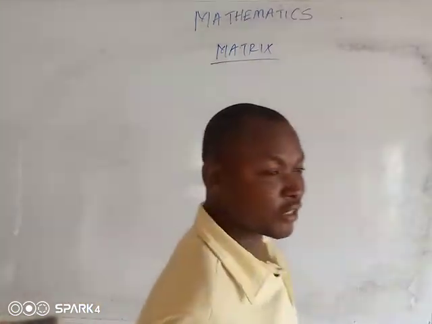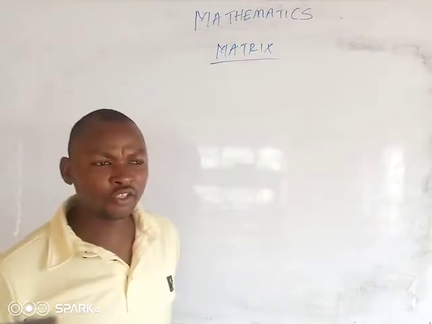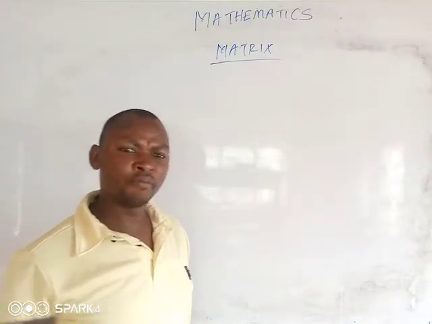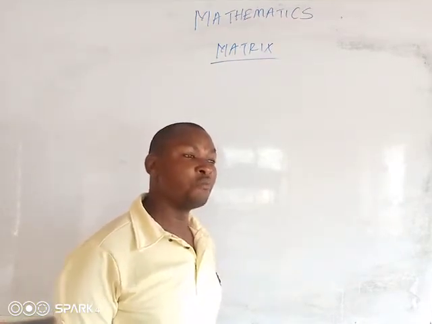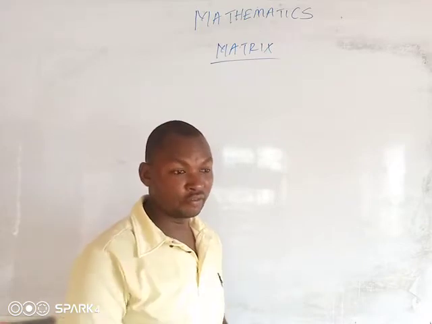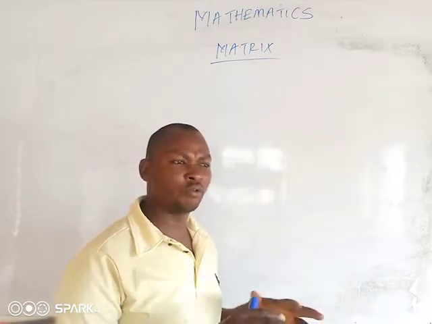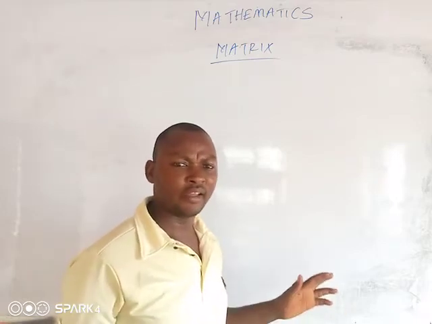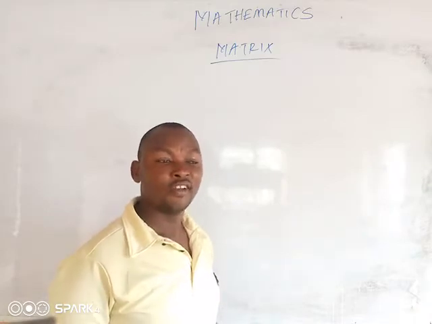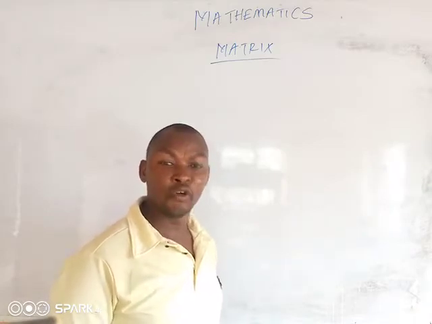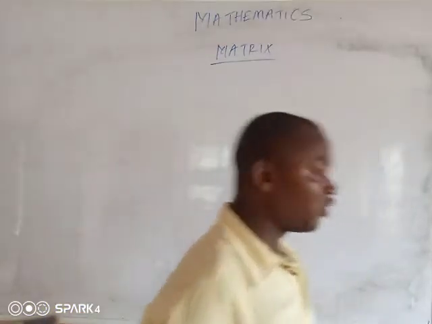A symmetric matrix is a matrix whose transpose is the same as the main matrix given. They must be the same, both the numbers and all the columns must look alike. If it's not the same, then it's not symmetric. Okay? I hope you are following.